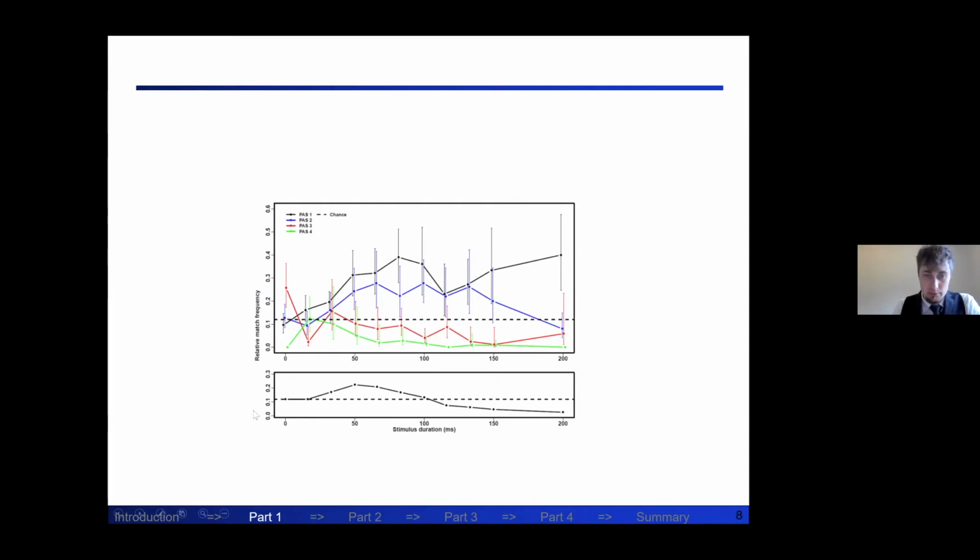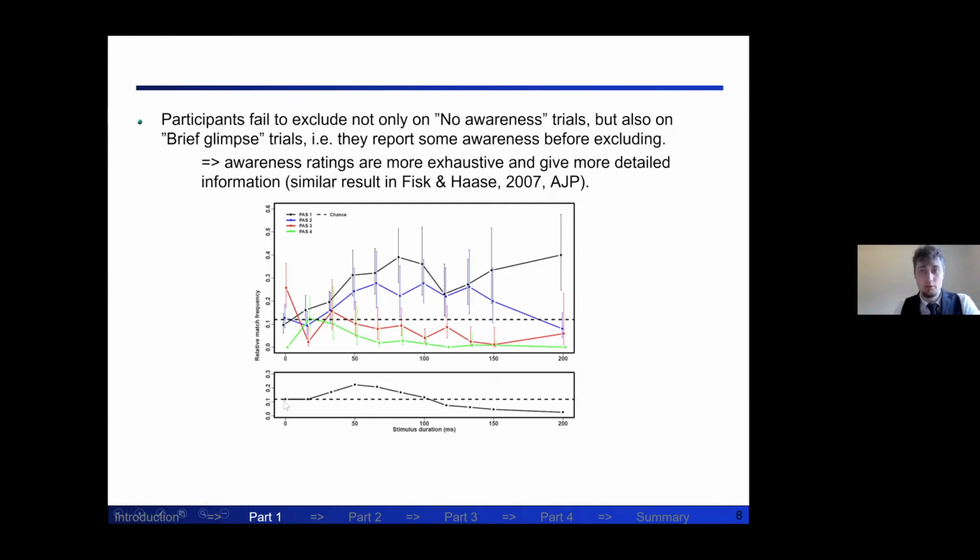So at the bottom, you have the average exclusion performance for each stimulus duration. And at time 0, we're actually not presenting anything. So the 12% probability here is just that the computer and the participants select the same word to complete the word stem.